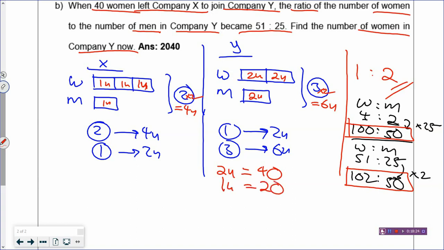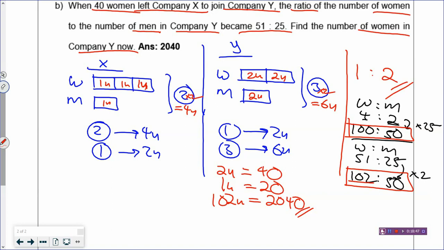So find the women in company Y now. What's the women in company Y now? Isn't that your after ratio, which is 102 units? So 102 units will be 20 times 102. And you get 2,040 women in company Y now.